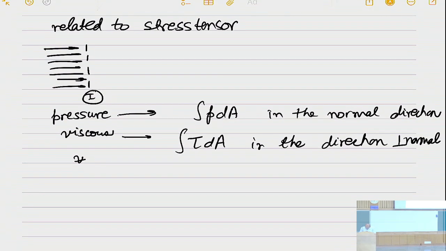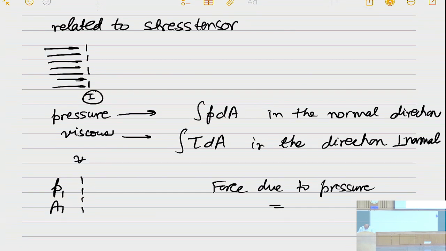Now, on this surface, if the pressure is P1 and the area is A1, then the net pressure force, the force due to pressure, will be P1A1 and it will act in the direction perpendicular to the normal, inwards, exerted by the fluid. So, here you will get it like this.